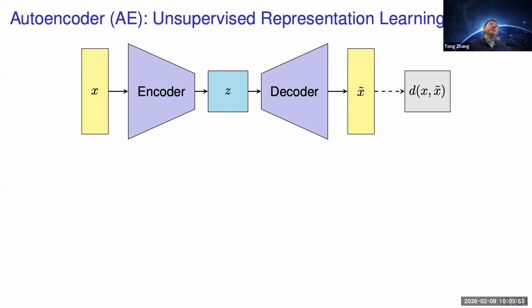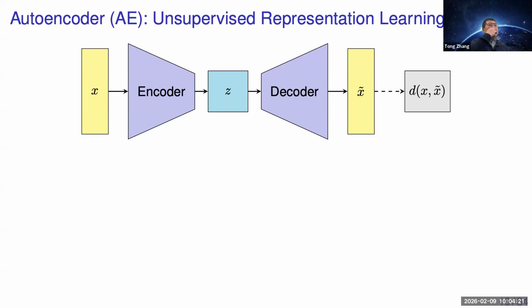ImageNet has labeled data. You have images, and you also have labels. So you use the image to learn the label. Those are supervised learning, right? Using that, you gain some information about the representation of the image, and those representations are ResNet's output. So those are learned. It's supervised representation learning.